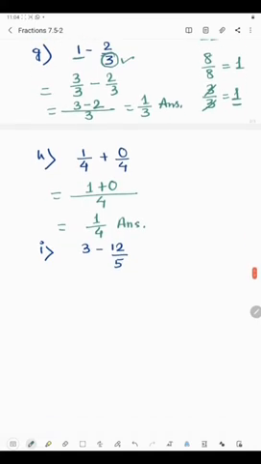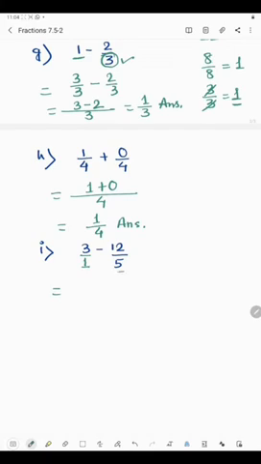Now the last part we have 3 minus 12 by 5. Now here again a fraction will be subtracted from the whole number. Now whole number, how will you make it as a fraction? Okay, so this we have learned before. When we have nothing in the denominator, we can consider it as 1.